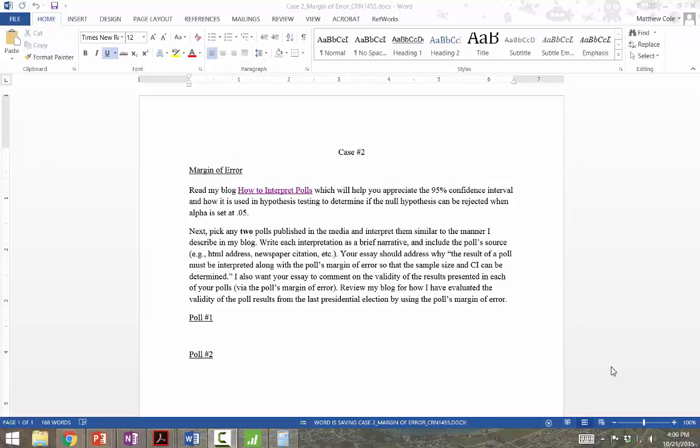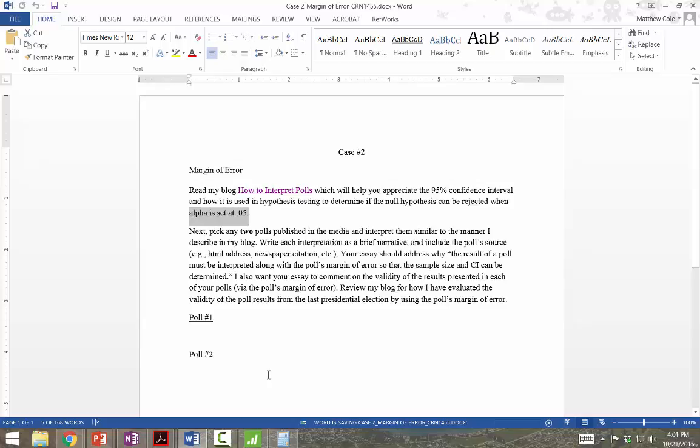And case study 2 will help you fully appreciate the standard for the level of significance that we set in social sciences, including business, which is the 95% confidence interval, also known as alpha being set at 0.05.